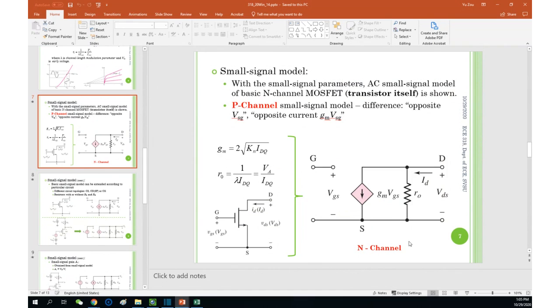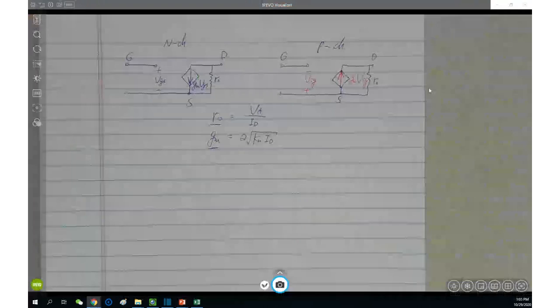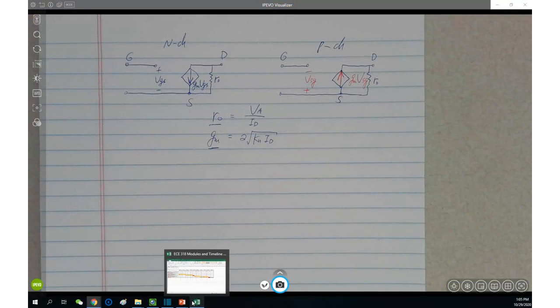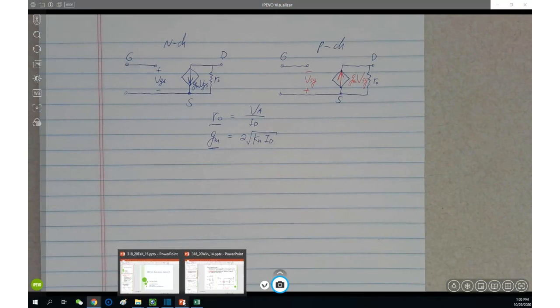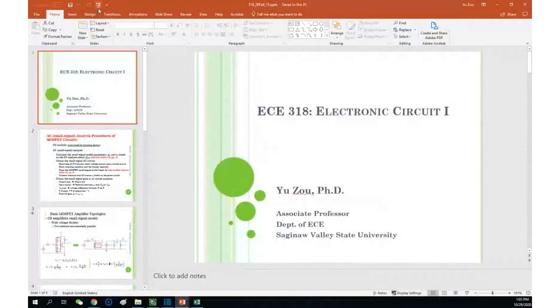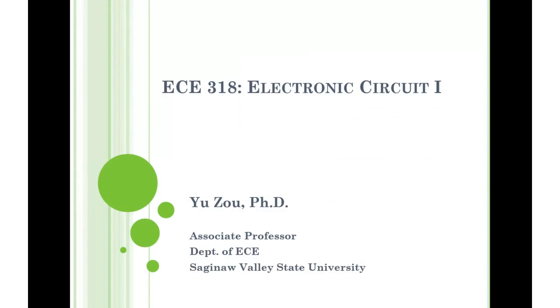So these are the small signal models we learned, and based on them we go ahead to see how we conduct the AC small signal analysis, which is in these new PPT slides.